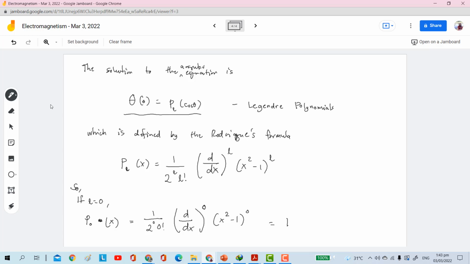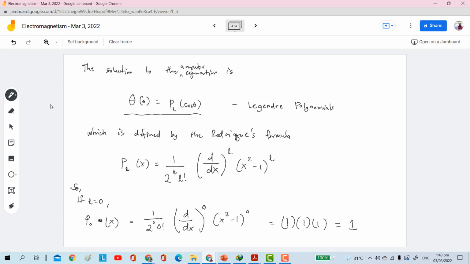Is it 1 also? Okay, so this term is 1, and any number raised to 0 is 1. Therefore, your P sub 0 of x is equal to 1.